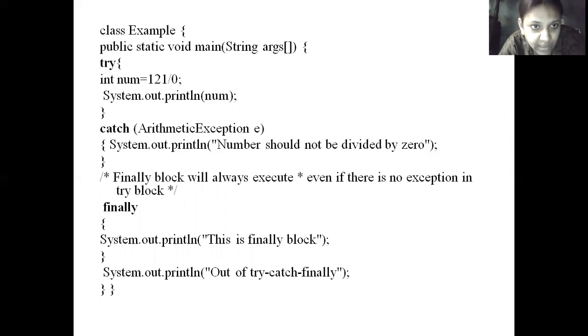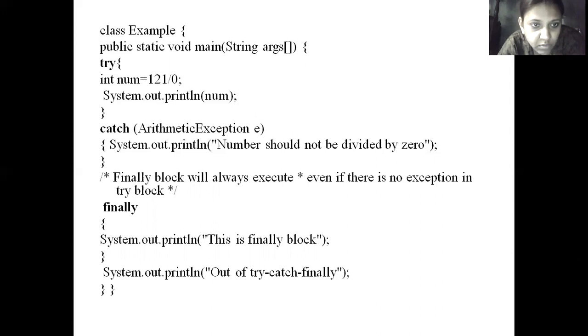It can be handled in the catch block because in the try block an exception object of this class has been created and thrown properly to the arithmetic catch block. So it can catch and handle it. Here it will print System.out.println number should not be divided by 0.